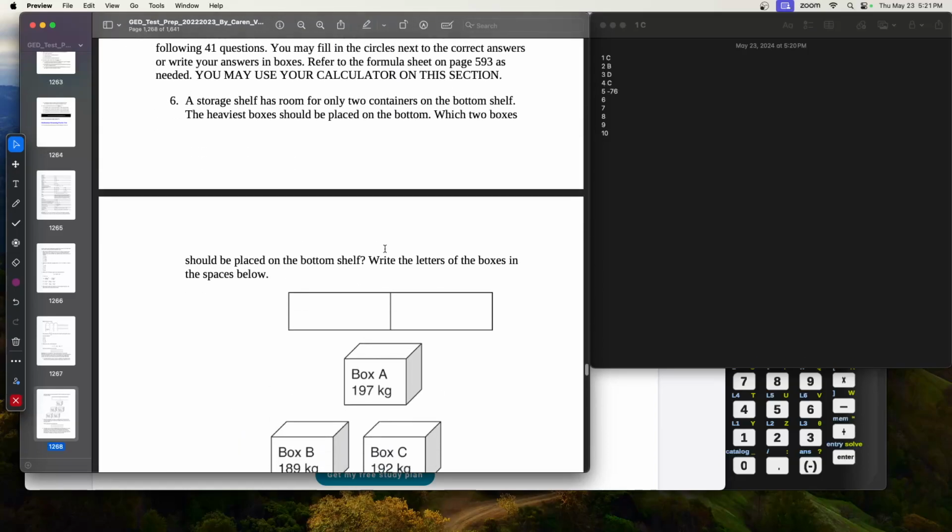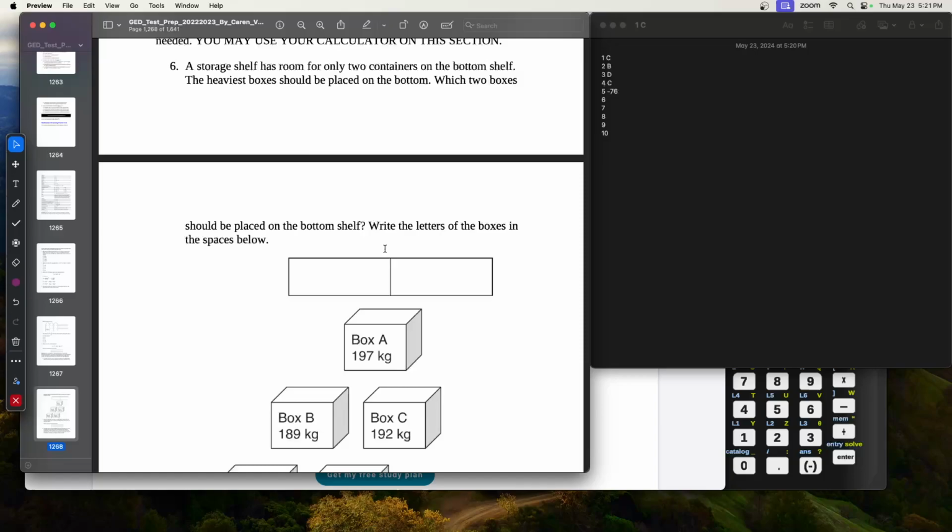Question 6. A storage shelf has room for only 2 containers on the bottom shelf. The heaviest boxes should be placed on the bottom. Which 2 boxes should be placed on the bottom shelf?